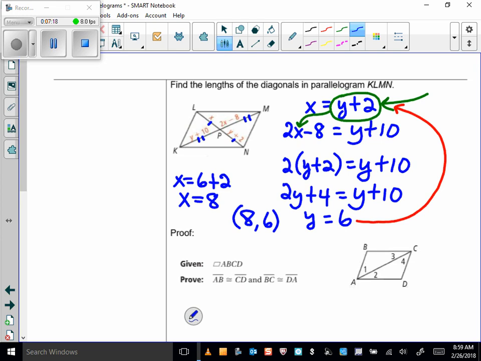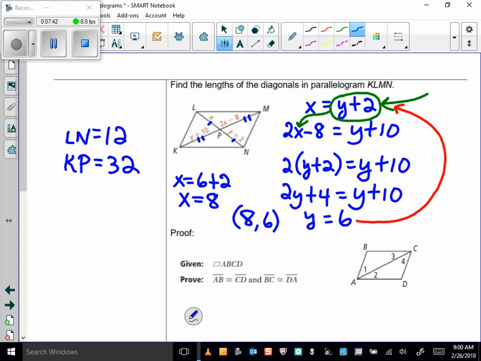So let's see, if LP is x, then I know LN is twice that long, so LN has to be 12, right? And let's see, if y is 6, KP is 16, so 16 plus 16 is 32.